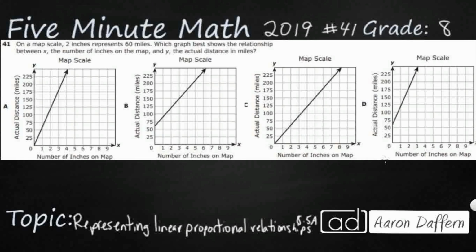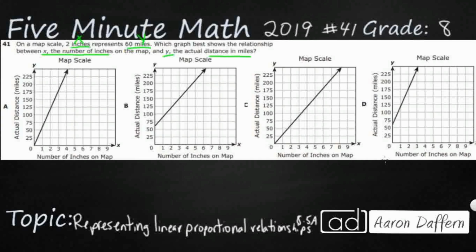So we have a map scale here, and we've got 2 inches represents 60 miles. And that's all we're going to get. But we do need to graph this, and they do tell us in the problem that x is the number of inches, and that y is the distance in miles.